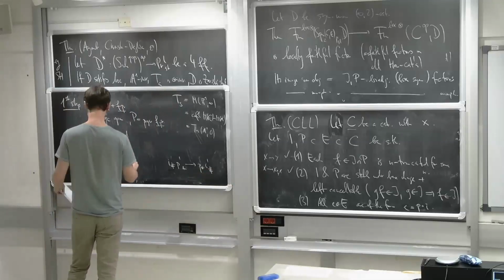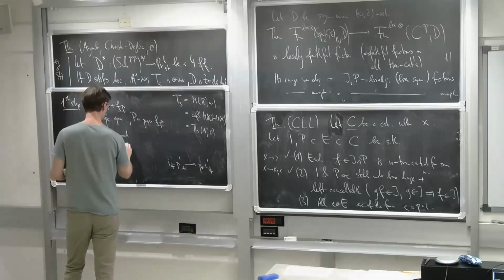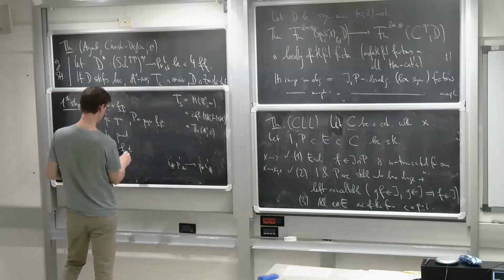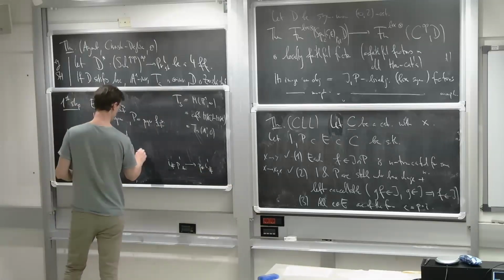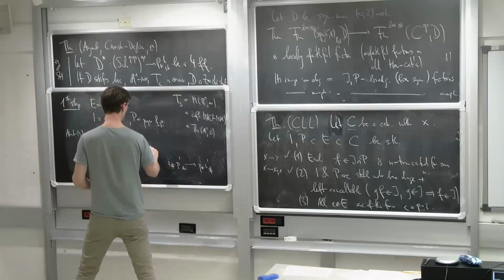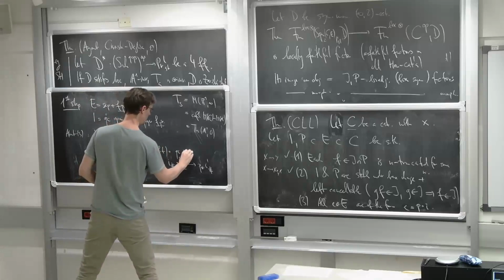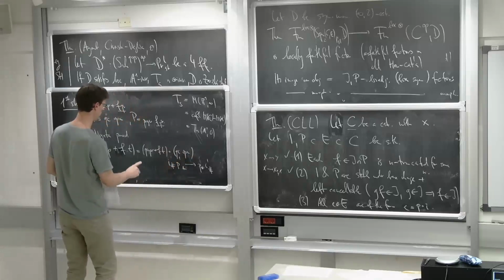Sorry, one second. So separated, and here I have to be precise. The finite type maps are precisely the ones that you get by composing proper and finite type with quasi-compact open immersions.